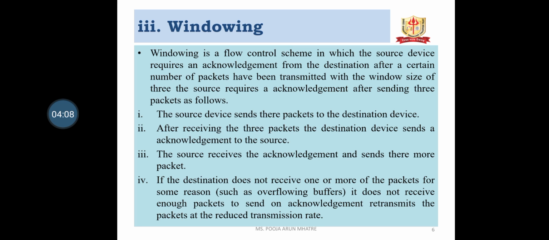The third one is windowing. Windowing is a flow control scheme in which the source device requires an acknowledgement from the destination after a certain number of packets have been transmitted. With a window size of three, the source requires an acknowledgement after sending three packets.